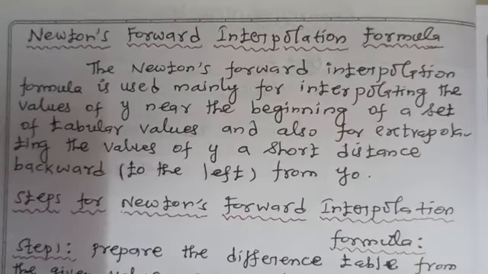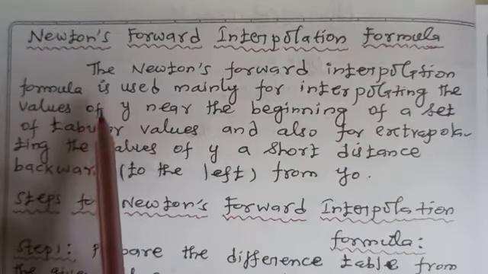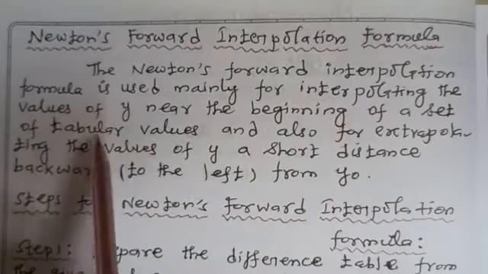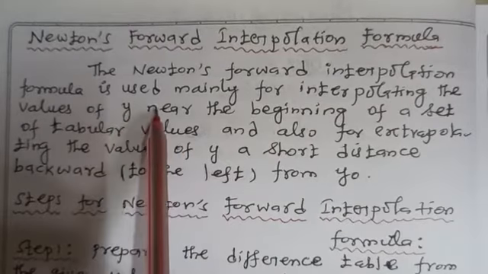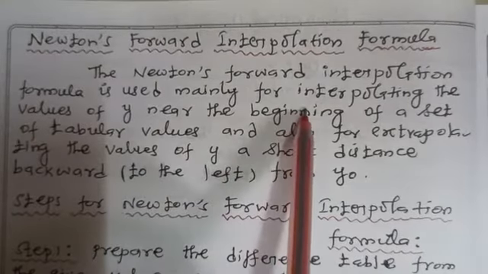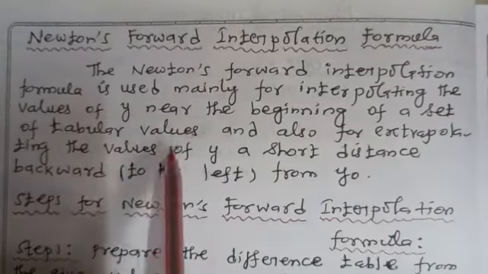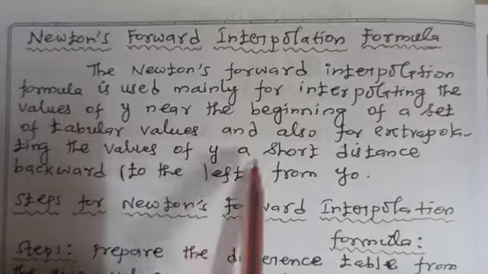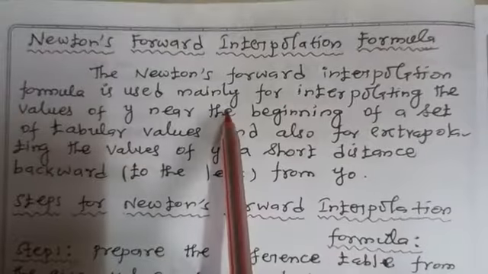The definition: it is mainly used for interpolating the value of y nearer the beginning of a set of tabular values, the given tabular values nearer to the beginning of the table, and also for extrapolating the value of y a short distance backward to the left from y0. We will discuss that later.